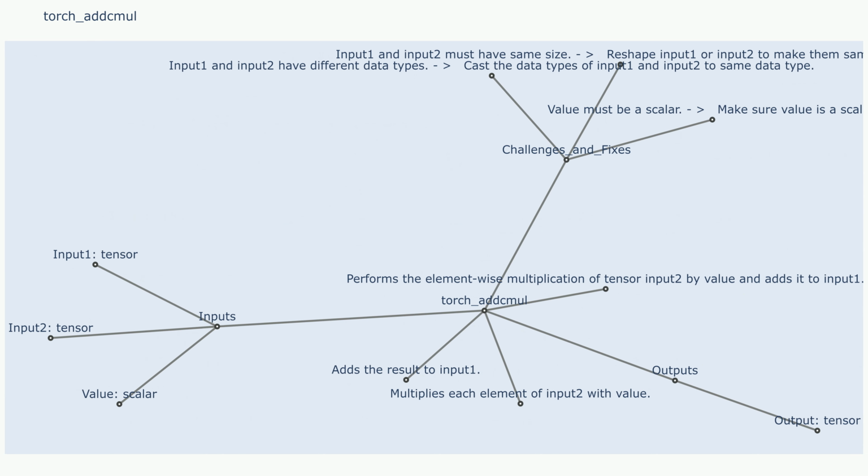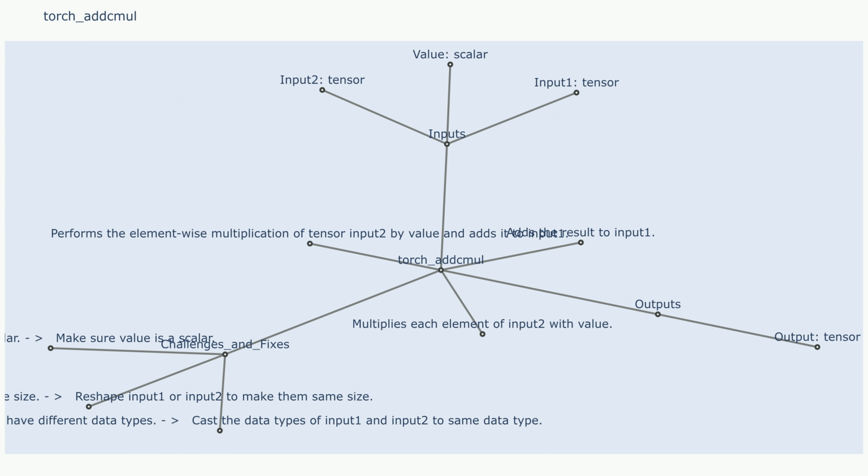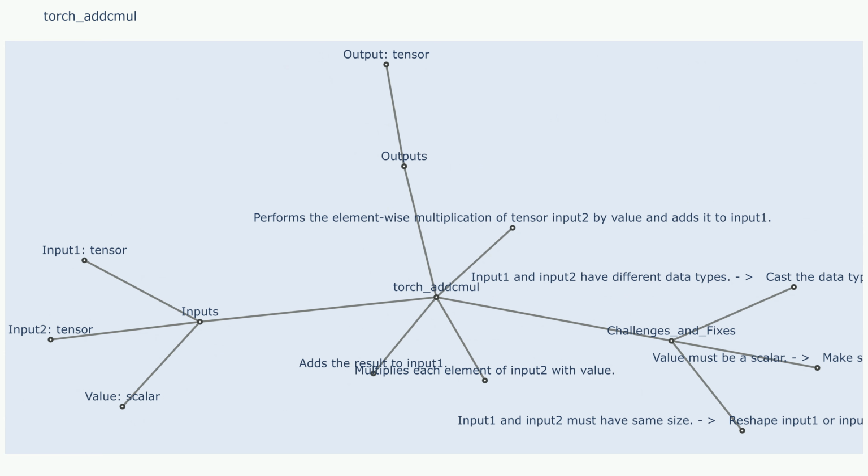Challenge 2: data type mismatch. The tensors and the scalar value should have compatible data types. If the data types are not compatible, it will result in an error. Sample use case that resulted in challenge 2: torch.addcmul with tensors of dtype torch.float32 and torch.int64.